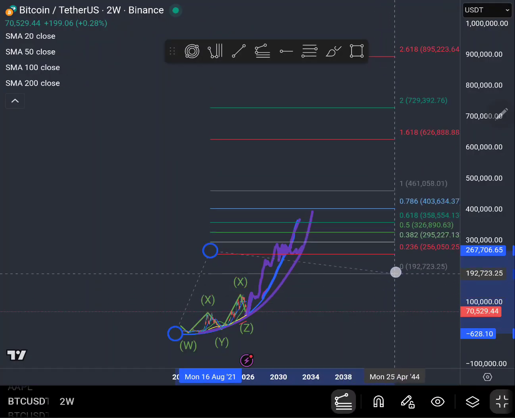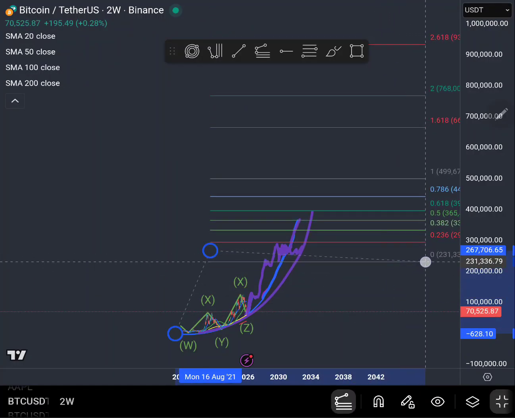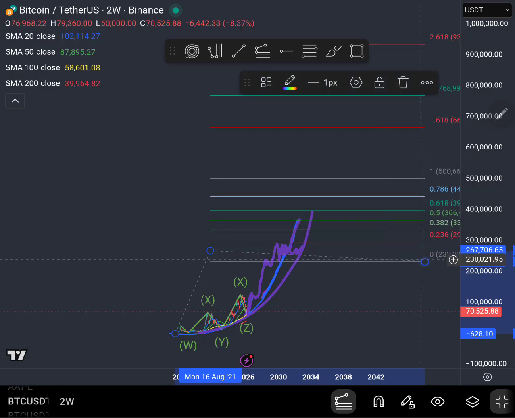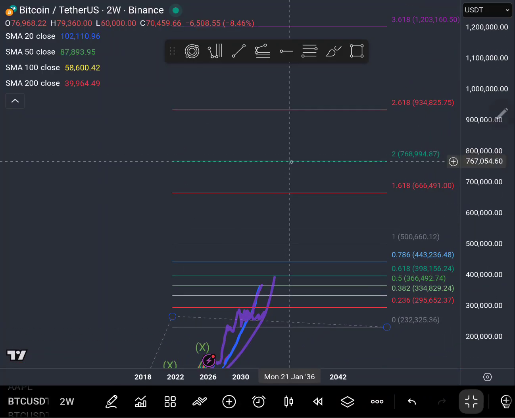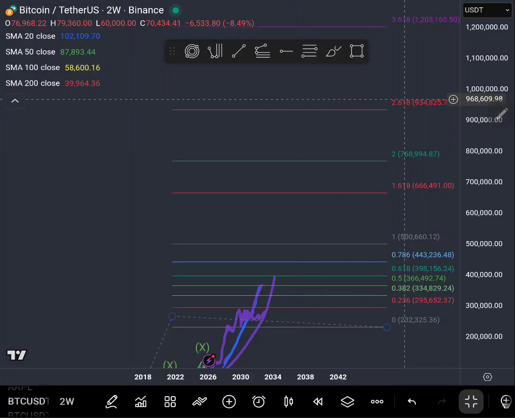The pullback won't be that much, because it's a wave 4. It'll probably be somewhere around there, and then you'll have an extension, and that extension will probably be more like 2 or 2.618.